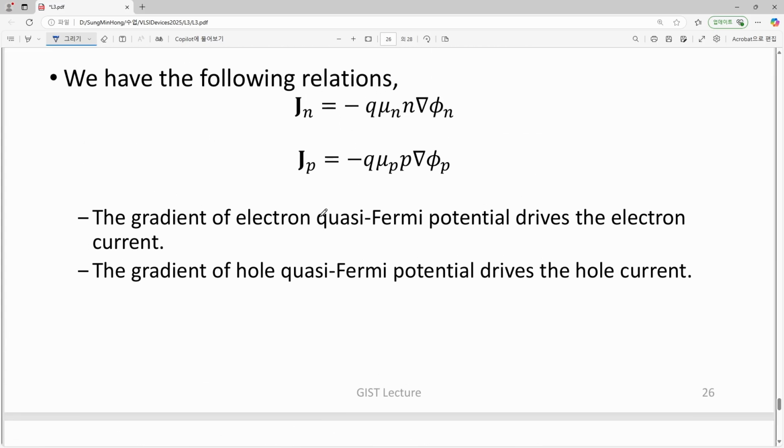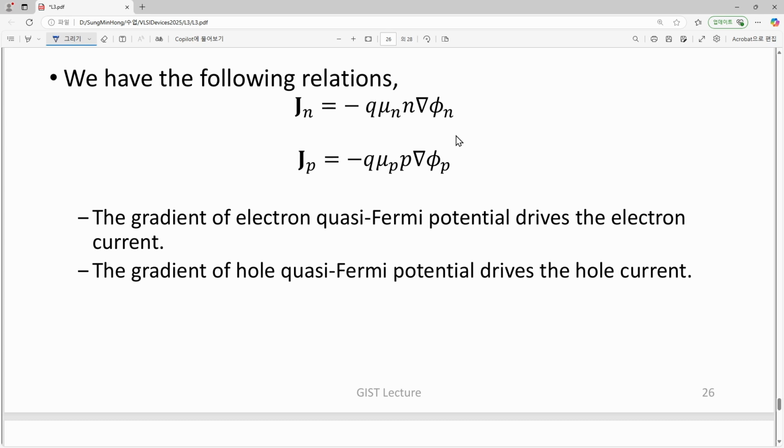And since this quasi-Fermi potential is so important, we wanted to know the quasi-Fermi potential. But actually quasi-Fermi potential, as I told you before, is not a usual solution variable in our consideration.